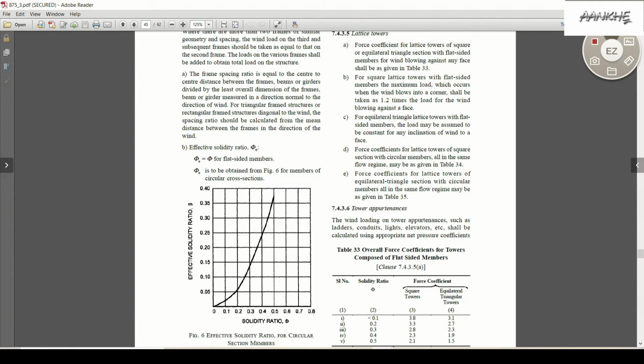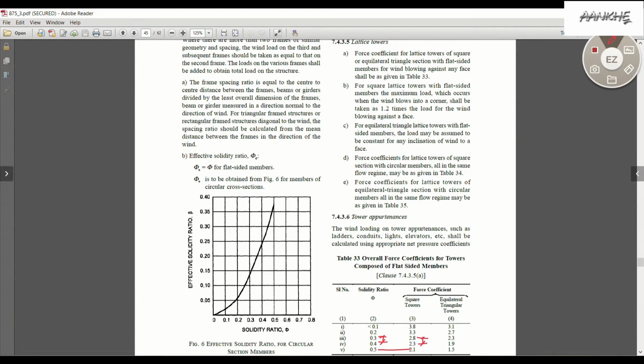So here we go to the code again. As our phi was 36% or 0.36, which lies in the range between 0.3 to 0.4, and another one was more than 50%. That means the value to be considered is 2.1, and the other is a linear interpolation between 2.8 and 2.3.